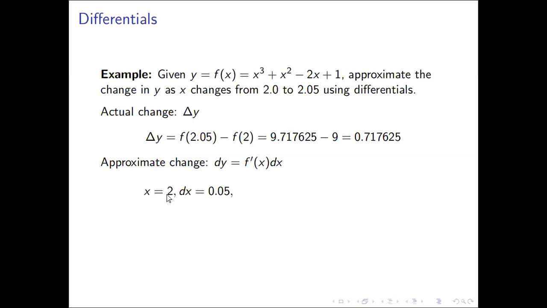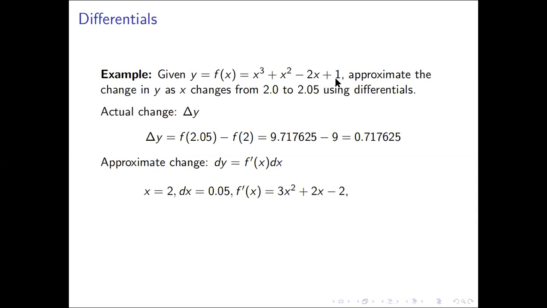Now, this is x equals 2. Why did we choose 2? Because this is the starting value. And we want to know what will happen if we increase the value to 2.05 so that we assign a differential of x, a value of dx 0.05. Now, to get dy, we need f prime of x.